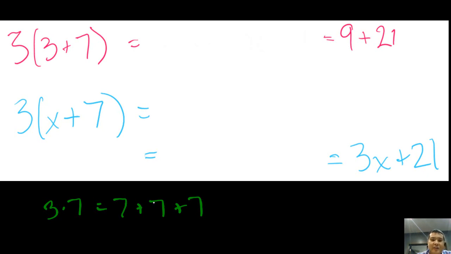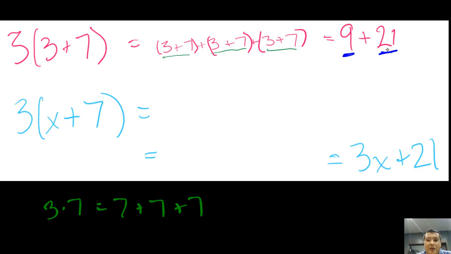Since 3 times 7 is 7 plus 7 plus 7, 3 times (3 plus 7) has to be repeated addition of 3 plus 7, 3 plus 7, and 3 plus 7. If we add all the 3's together, we get 9. If we add all the 7's together, we get 21. And so we can also think about it as 9 plus 21.